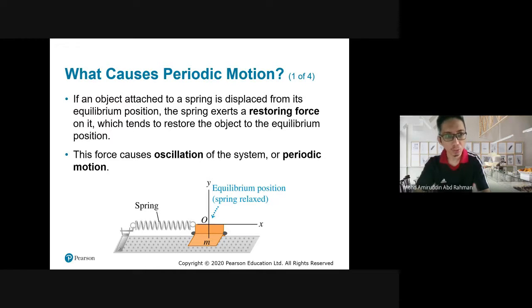So this force, we call a restoring force, which causes the oscillation of the system. So this is the periodic motion.